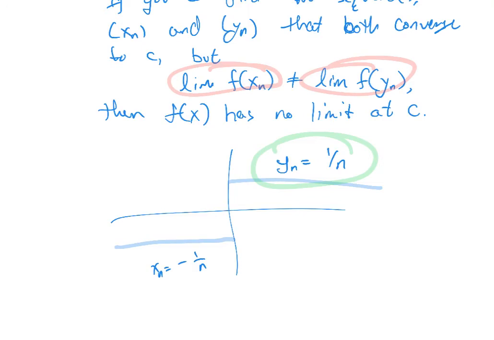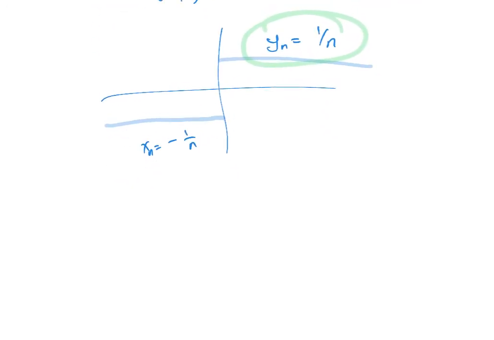Try to tell me a simpler sequence that converges to 0. There's nothing. So that's why we use it. And if this was shifted, you could just have your sequence 1 over n plus c, and shift it whichever way you want. Whenever you want a sequence that converges to c from the right, you're going to do c plus 1 over n. So that's why you see so many 1 over n's in our proofs: when we have a choice and we just need it to converge to 0, we're always going to go 1 over n.